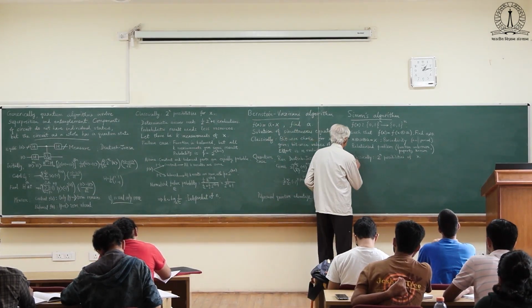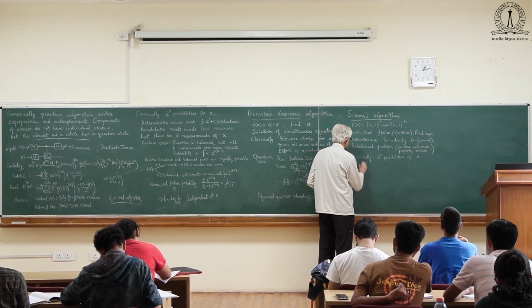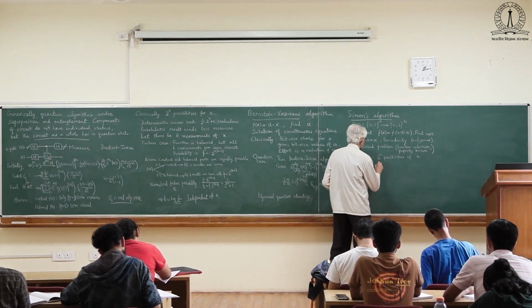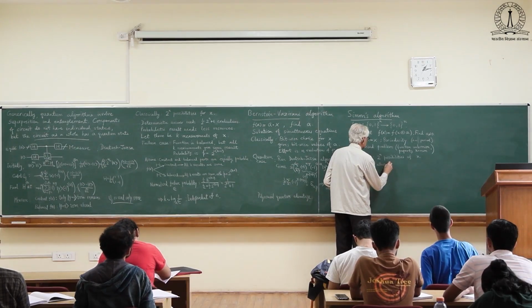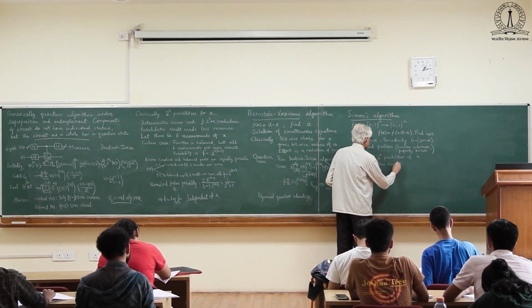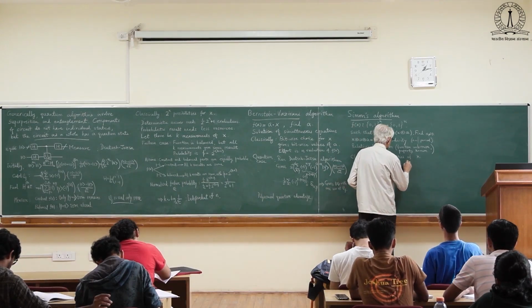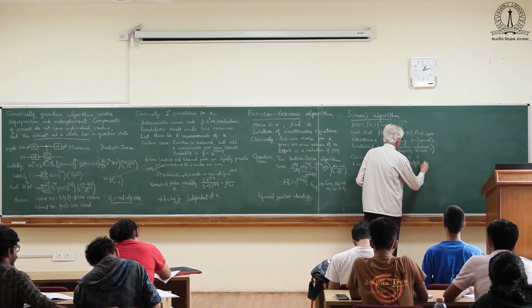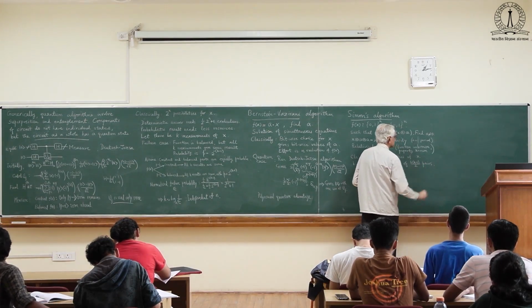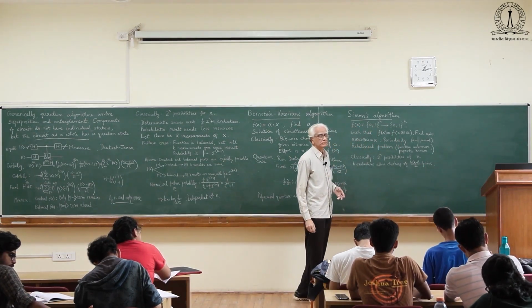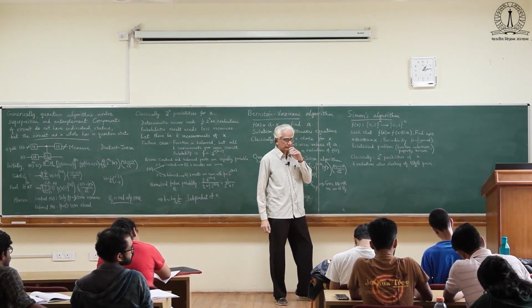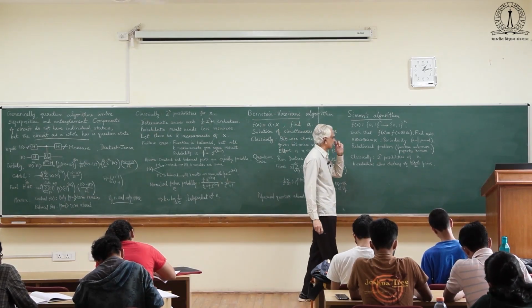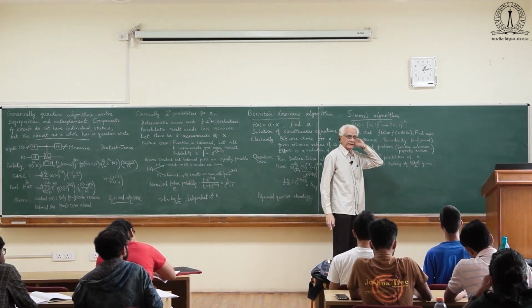So k evaluations allow checking of k times (k minus 1) by 2 pairs. And if none of them come out, then I have no knowledge of a at all.